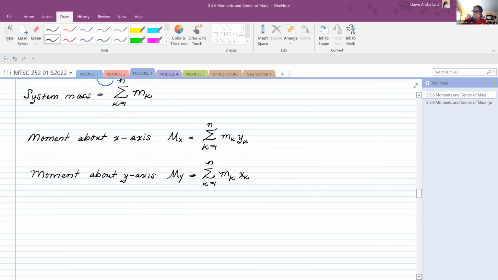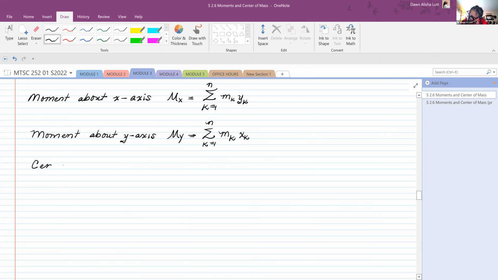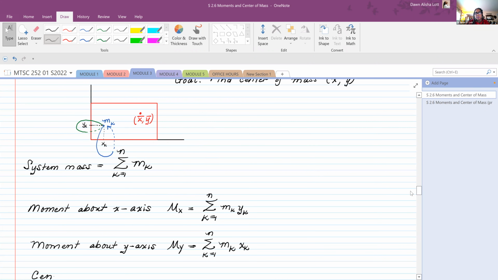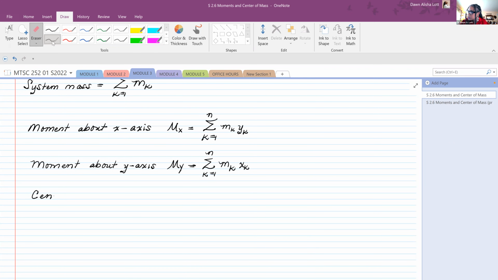All righty. So therefore, the centroid, or the center of mass, well, we have to find the x coordinate.